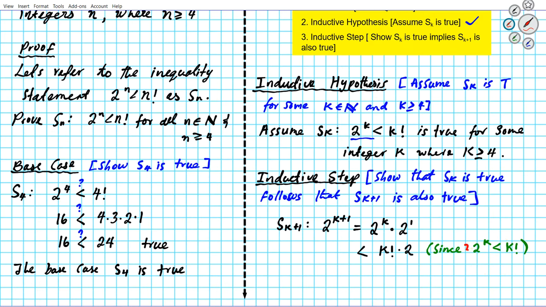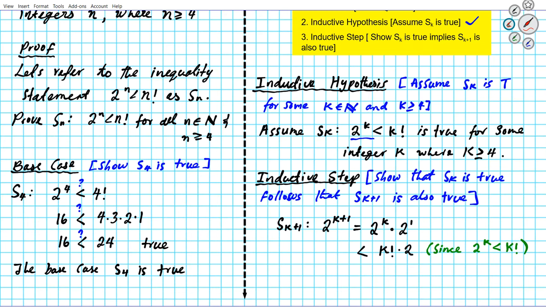Make the substitution. Now what do we know about k factorial times 2? Just remember that what we have right here is based on the assumption that we made earlier. Now looking at k factorial times 2, we're going to take a look at the domain of our proof and see how we can use that to see how this compares with k plus 1 factorial.